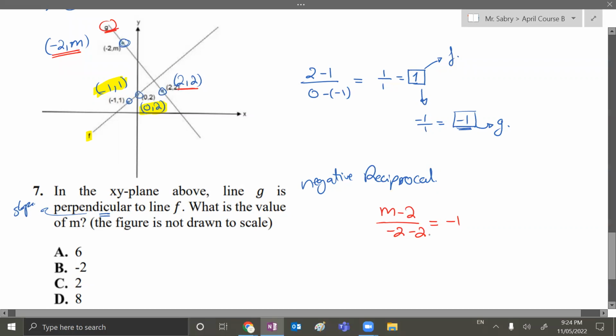I now have an equation to solve: m minus 2 over -2 minus 2, which is -4, equals -1. This -4 moves to the other side, so I have m minus 2 equals +4. Then m would be equal to 6. A is the correct answer. Does that make sense?